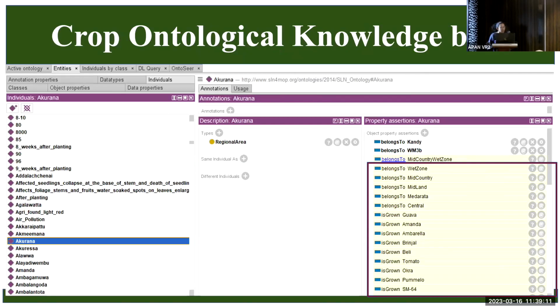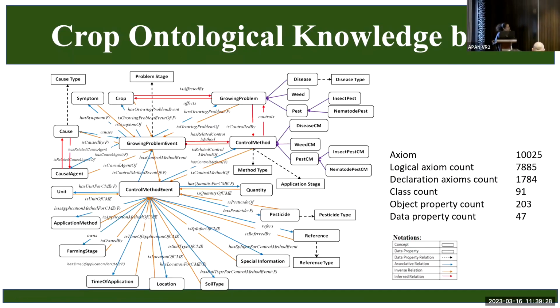Normally an ontology contains entities, classes, object properties, and data properties. I'll show these things with a diagram, and this is the tool we use to develop our knowledge base. If I move to the snapshot of our knowledge base, here you can see the nodes in this diagram.